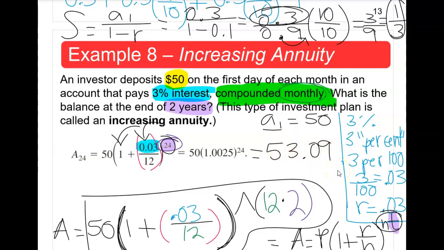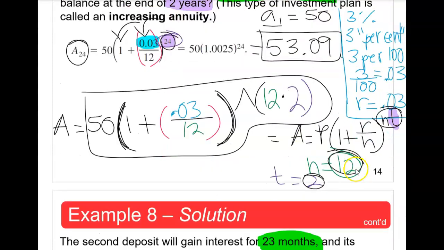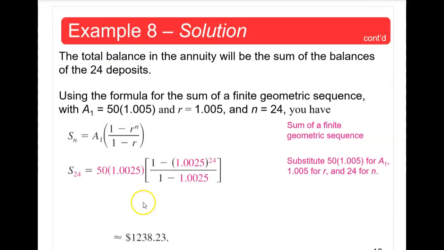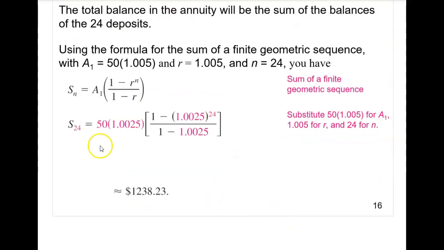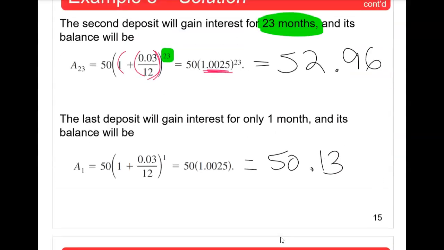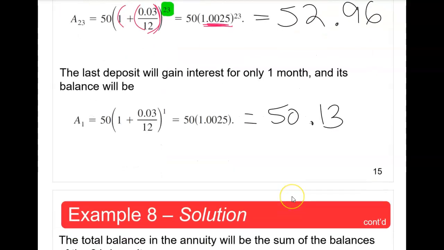What we were doing here was finding the 24th term of the sequence, like a sub 24. You should already know that we will also need a sub 1. Well, yes, we do need a sub 1.